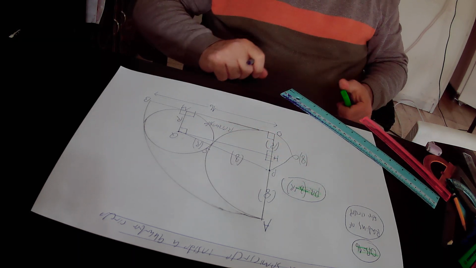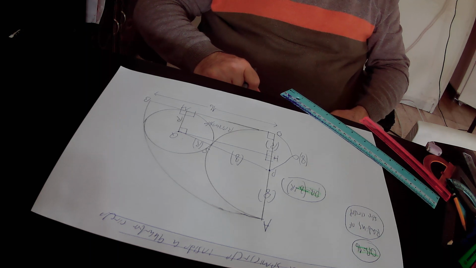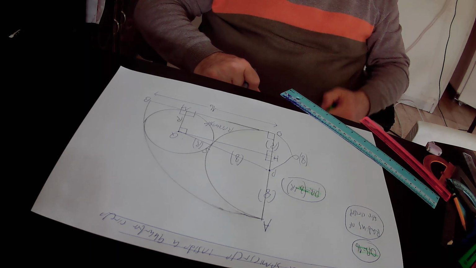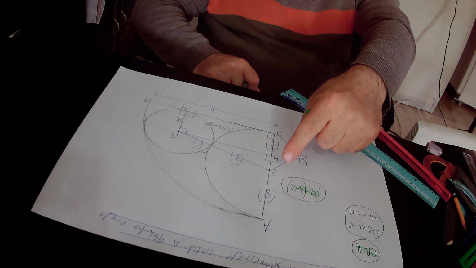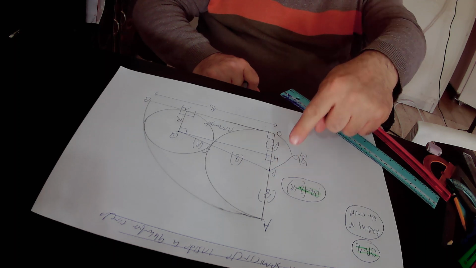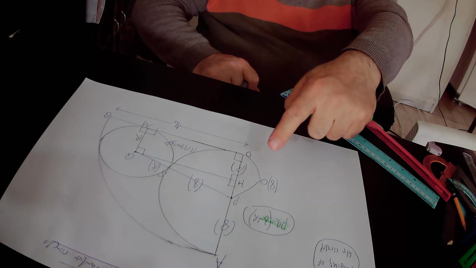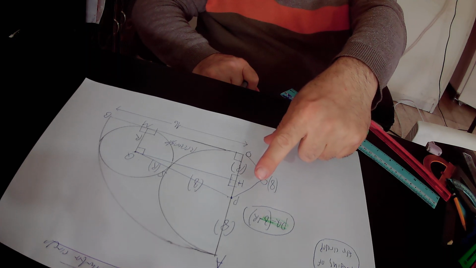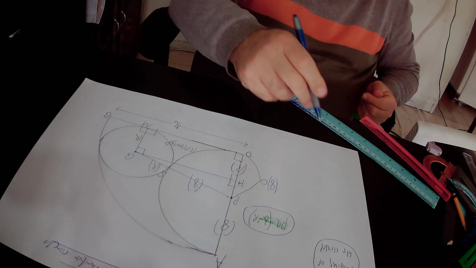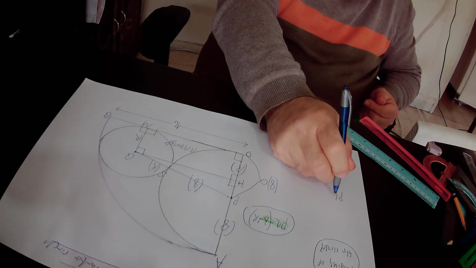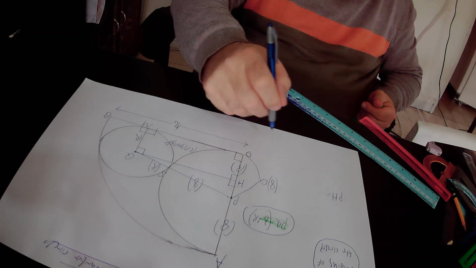So here we have, what is the length of HP or PH? From the drawing, it is very easy to see that PH equals PO minus HO.